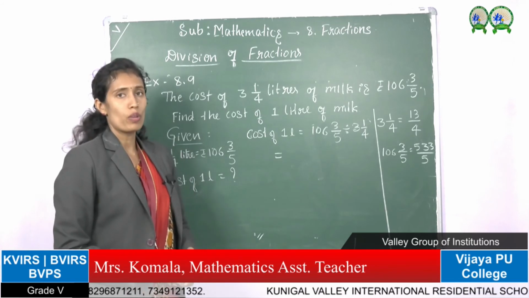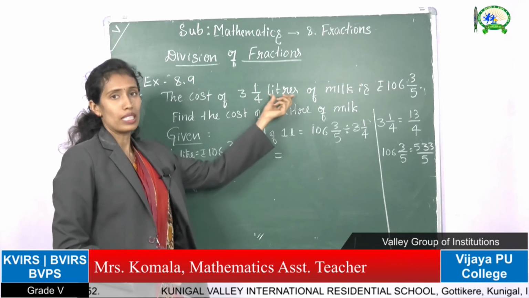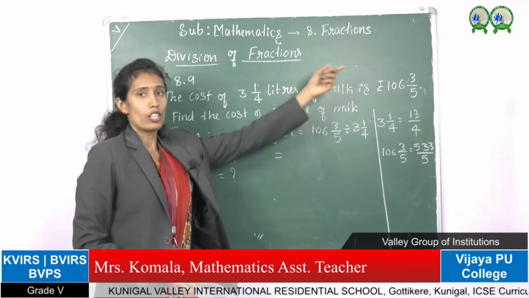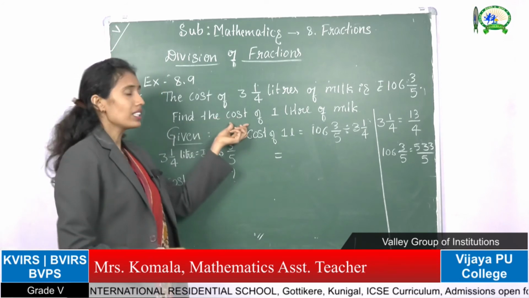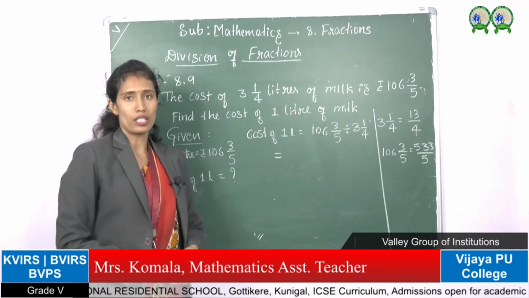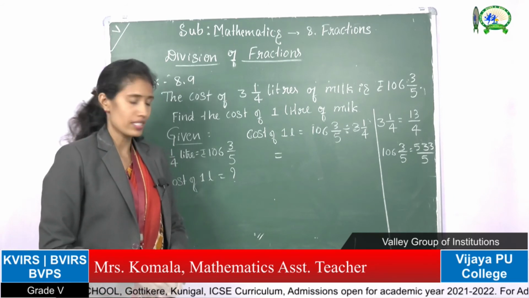The next word problem is the cost of 3 into 1 by 4 liters of milk is rupees 106 into 3 by 5. Find the cost of 1 liter of milk. What has been given here? Which are the given parameters? Now let us list.